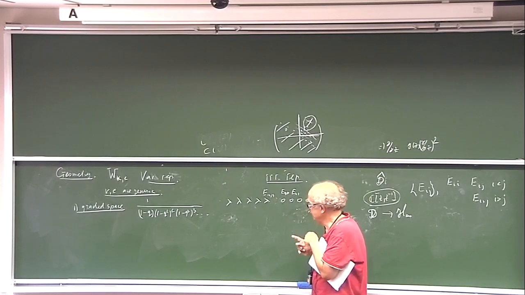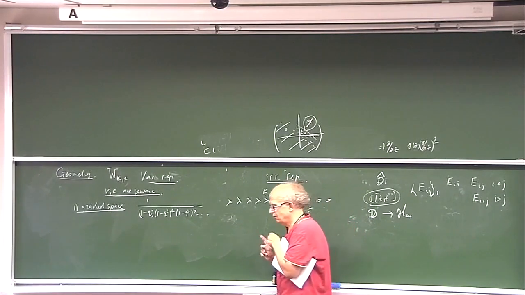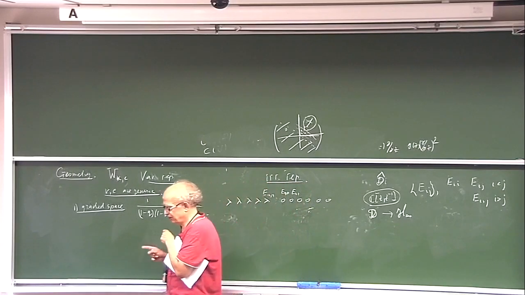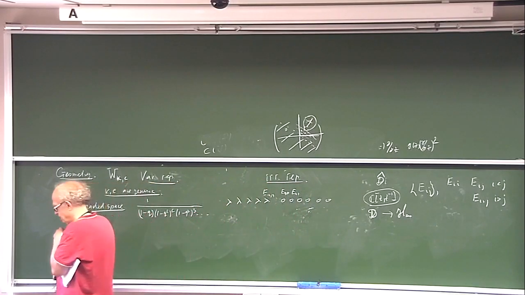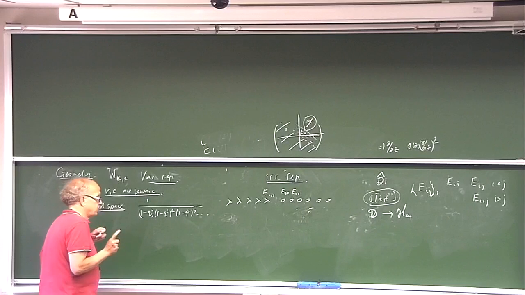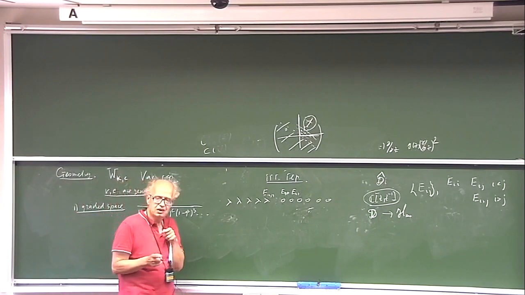But about this representation, if you take a finite dimensional representation of GLN, then in such a representation we have the Gelfand-Zeitlin basis.